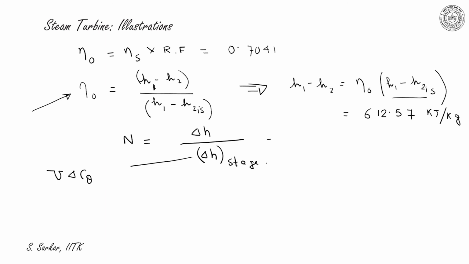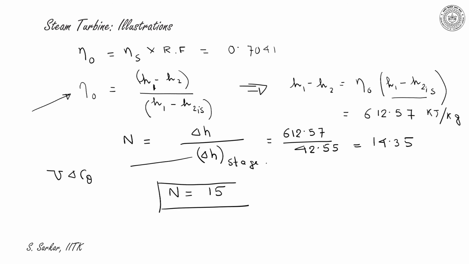So this would be equal to 612.57 divided by 42.55. That should be equal to 14.35. Number of stages cannot be a fraction, so it would be the nearest whole number, n would be equal to 15. So I have solved the required number of stages, which is equal to 15.